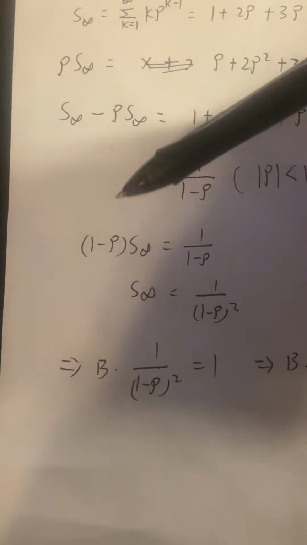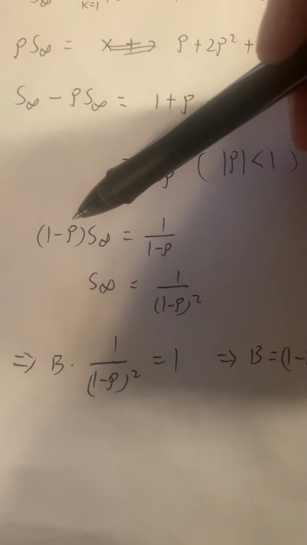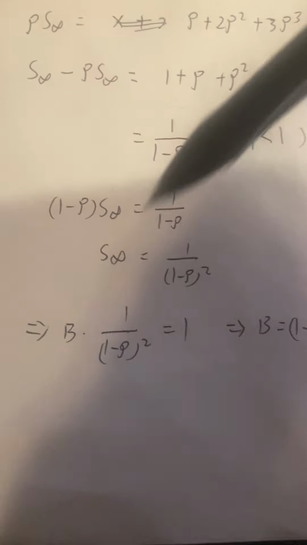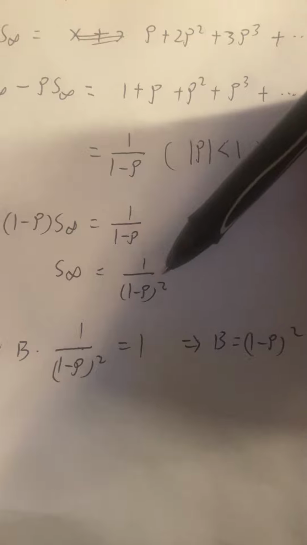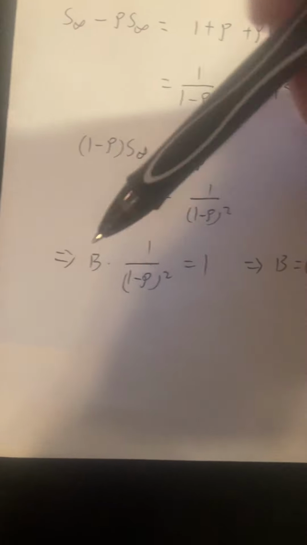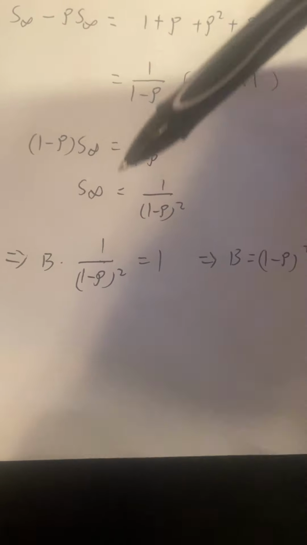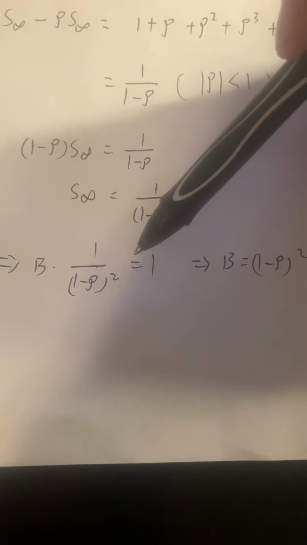So the left side is 1 minus p times S infinity, and the right side is 1 over 1 minus p. So S infinity will be 1 over 1 minus p squared. So we have b times this equals 1. So b equals 1 minus p squared.